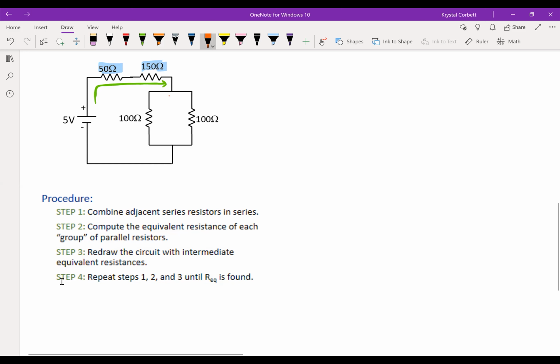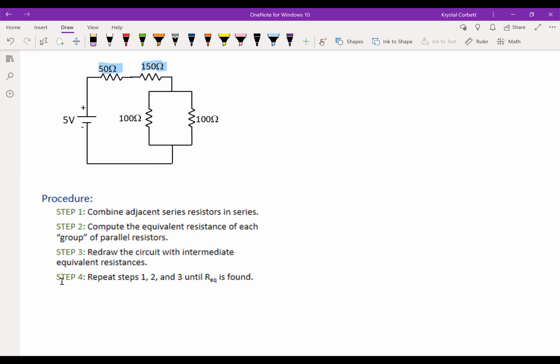Now when you get through here, you'd go this loop here like that, and then you could go this loop here through this 100 ohm resistor like that, and then combine back together. So you can see that there's 2 loops here. So you would want to identify these 2 as parallel. And so that can help you when you're trying to combine those.